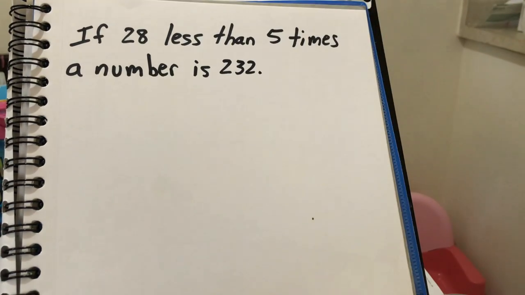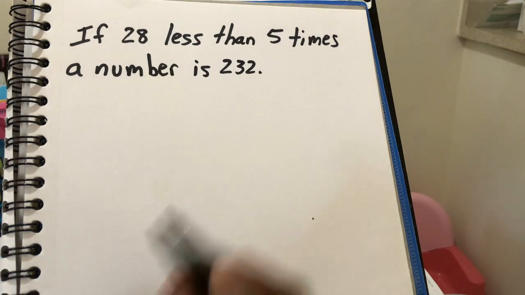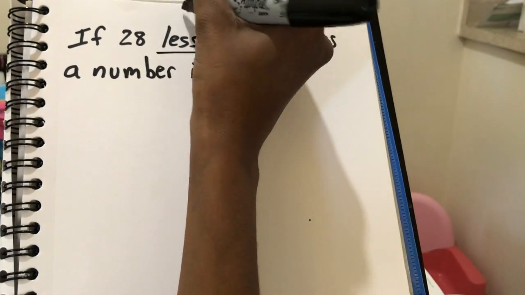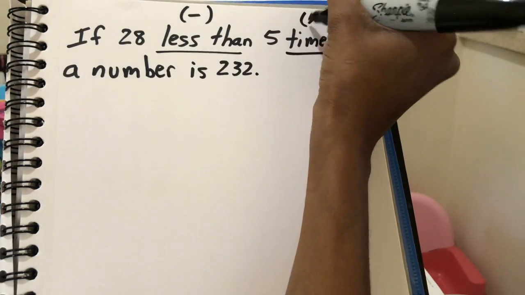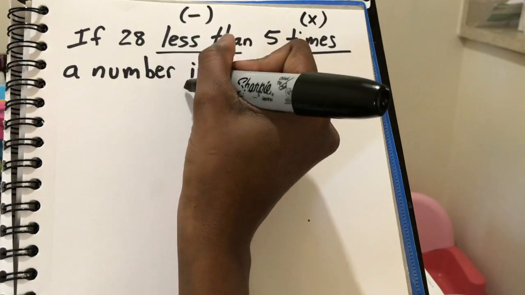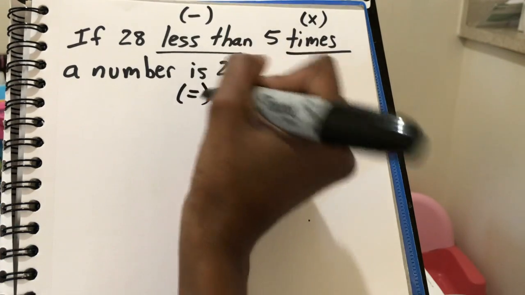What is the number? Okay, so let's first break down these terms. Less than means subtract. Times means multiply. Is means equals.